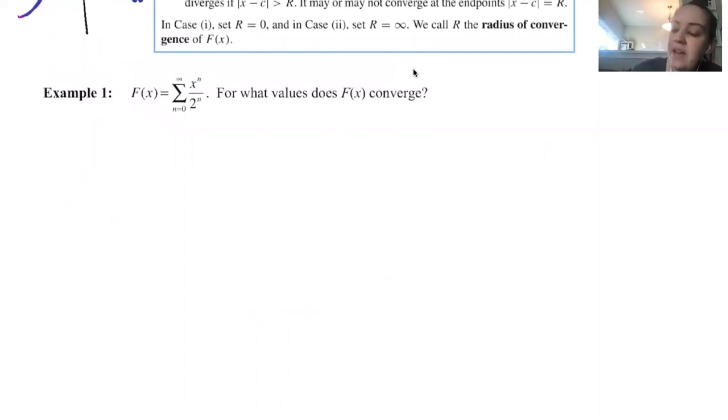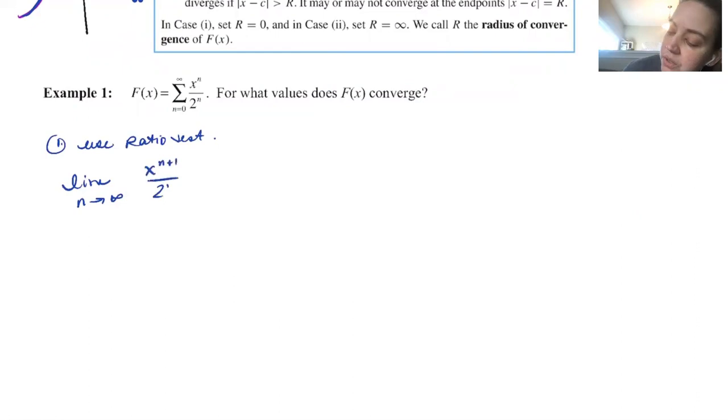Example 1. f of x equals the series from n equals 0 to infinity of x to the n over 2 to the n. For what values does f of x converge? So the first thing that you have to do is use the ratio test. Remember, for your ratio test, it is the limit as n approaches infinity of the absolute value of x to the n plus 1 over 2 to the n plus 1, over x to the n over 2 to the n.